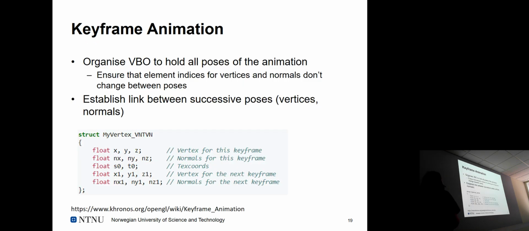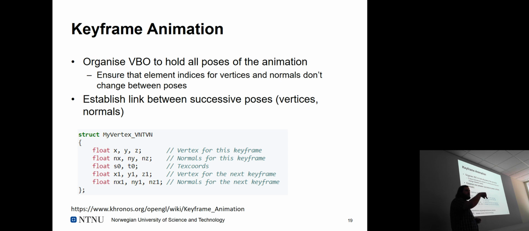So the way it's implemented in OpenGL is that VBOs hold all those explicit poses, and we must ensure that the sequence of the indices for vertices and normals are identical. Each vertex with its index corresponds to another vertex in another pose.